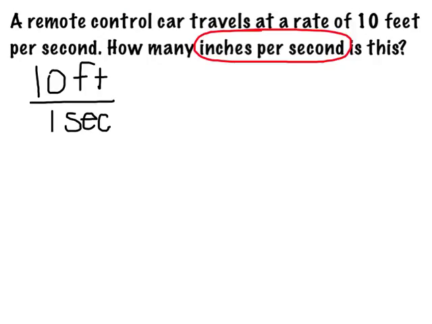In order to do this, I need to realize that if I multiply by something with feet on the bottom, those feet are going to cancel out. Now, what am I looking for? I'm looking for inches. Do I know a unit ratio that has inches and feet in it?